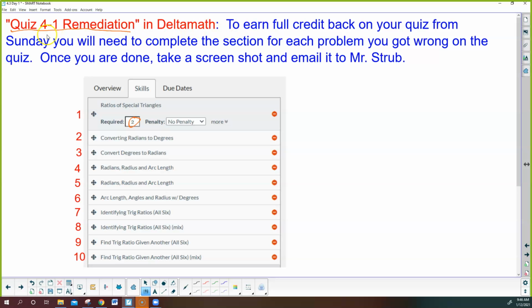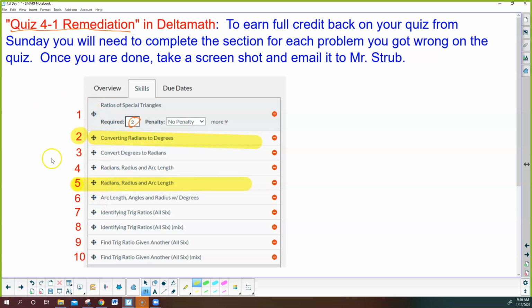But for those of you that did the quiz and you want to earn points, what you can do, let's say you got number 2 wrong. If you got number 2 wrong, then you have to do this section completely. And then let's say you got number 5 wrong, then you have to do both problems in section 5. And it's not numbered, so you just got to count which one.